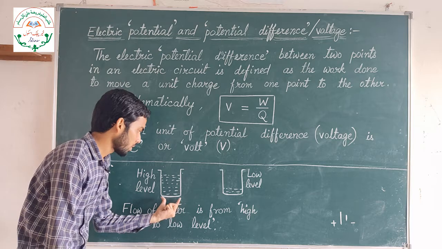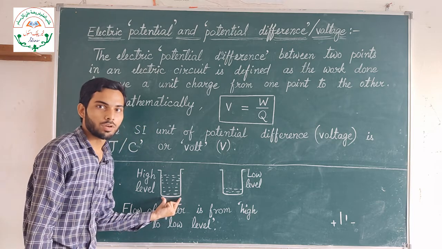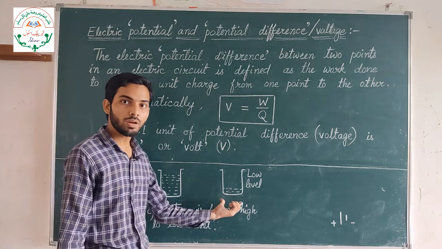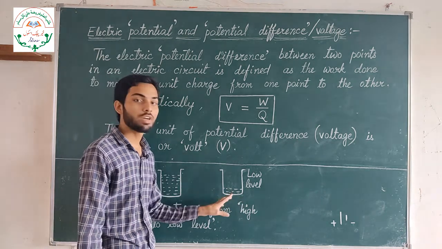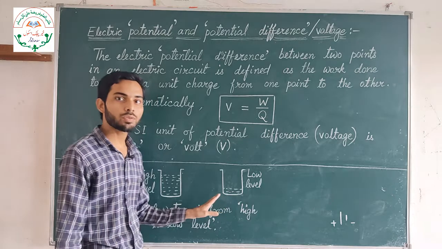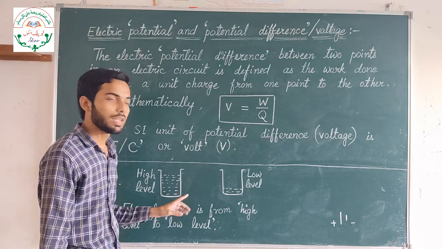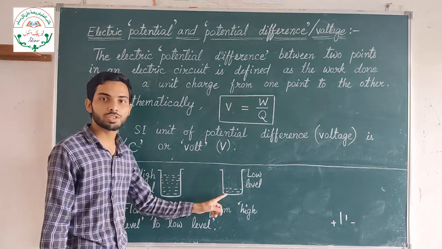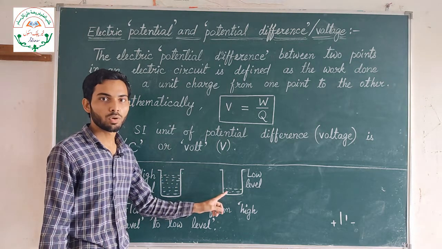Suppose this is a beaker which is filled with water, and this is another beaker which is also filled with water. But as you can clearly see, the level of water in this beaker is high and the level of water in this beaker is low.